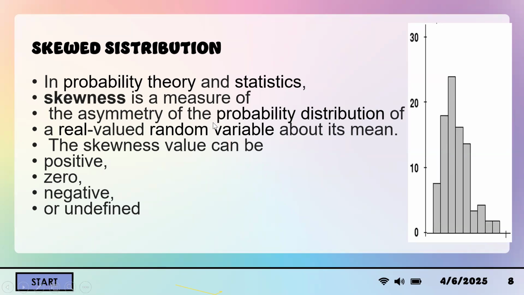We are supposed to measure the asymmetry of the probability distribution of a real valued random variable about its mean. The skewness value can be positive, it could very well be zero as well, it could be negative, or it could even be an undefined value.